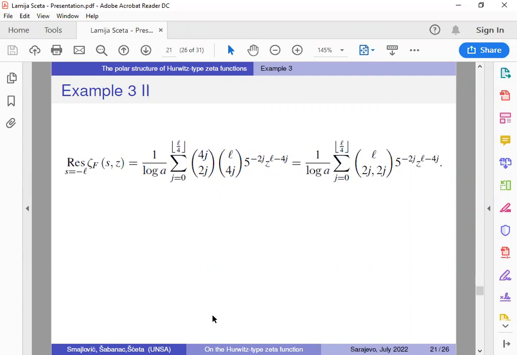And for me, it was curious that you get some type of constant term in a certain expansion, because usually when you take a look at Hurwitz zeta, the residues at negative integers are related to Bernoulli polynomials. And so this is some type of generalized Bernoulli polynomial, and we were trying to see what type of generalized Bernoulli polynomial it is.